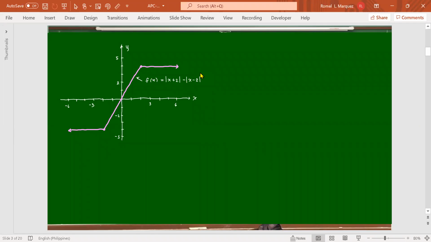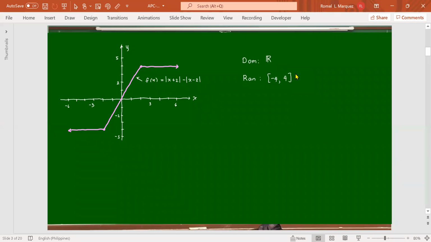What about the domain, guys? Obviously, the set of all real numbers, right? What about the range? From -4 to +4, no? Am I right?